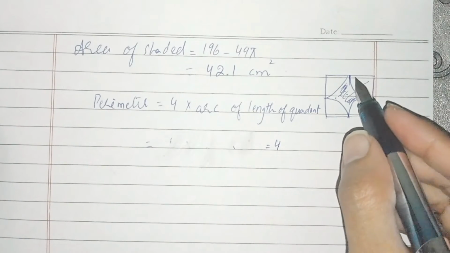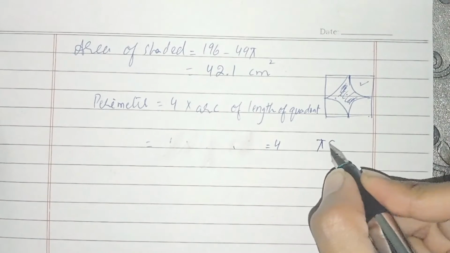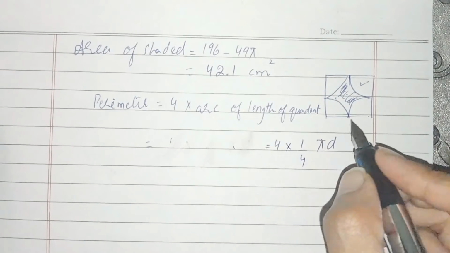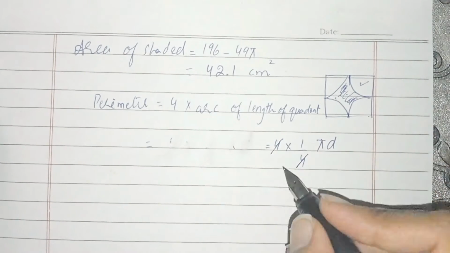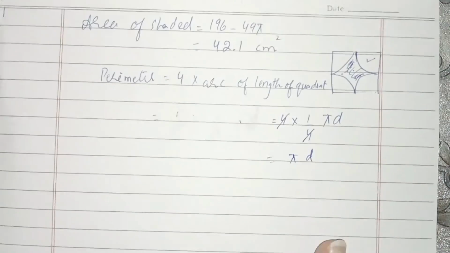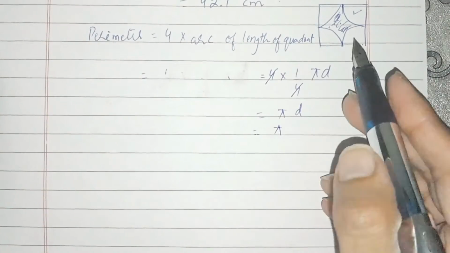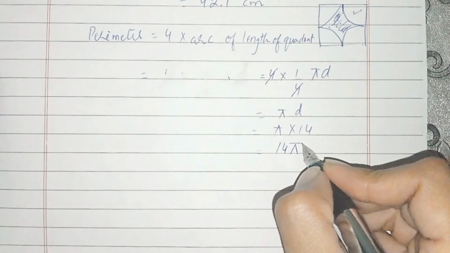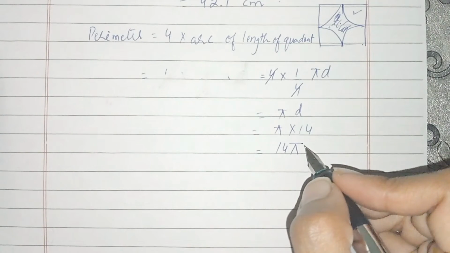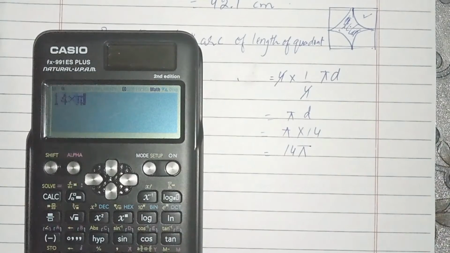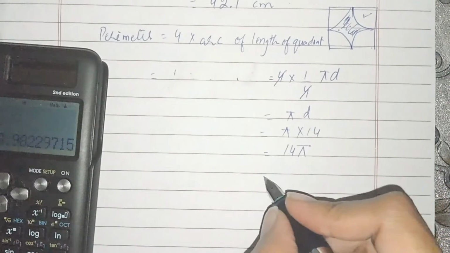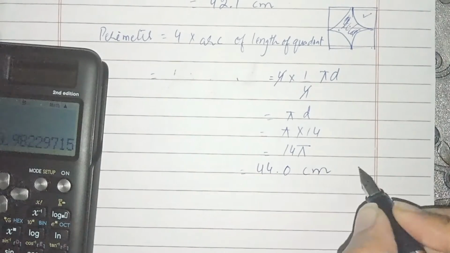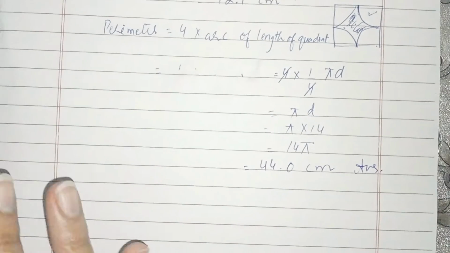You know that the formula of circumference of a circle is pi d, and I divided it by 4 because this is the length of a quadrant, and multiplying by 4 we get pi d, and the value of d is 14, and this is 14 pi. 14 multiplied by pi and we get 44.0 centimeter, and this is the answer of B part.